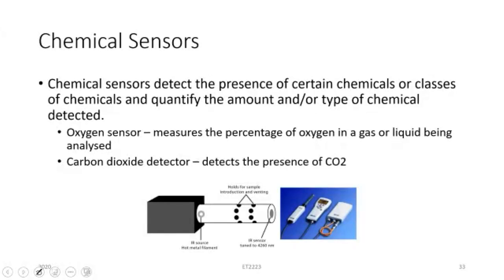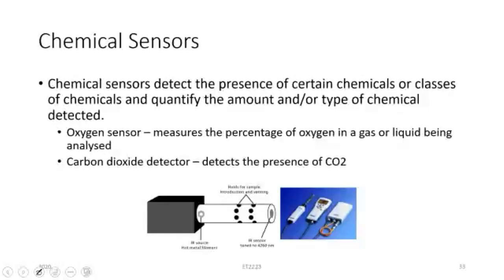People may use carbon monoxide sensors in environments where there's a chance for combustion. If you are using fireplaces, it is a good idea to use carbon monoxide sensors to see if it is at a dangerous level because it is poisonous. So again, we may use such sensors as well.